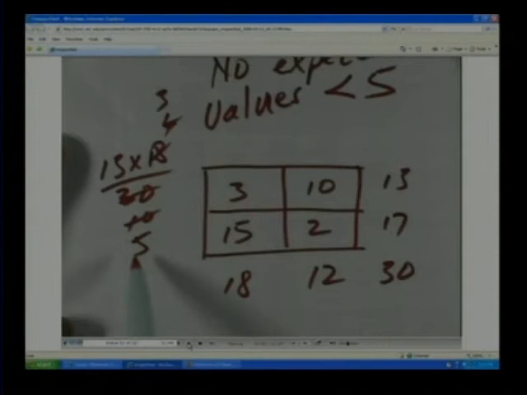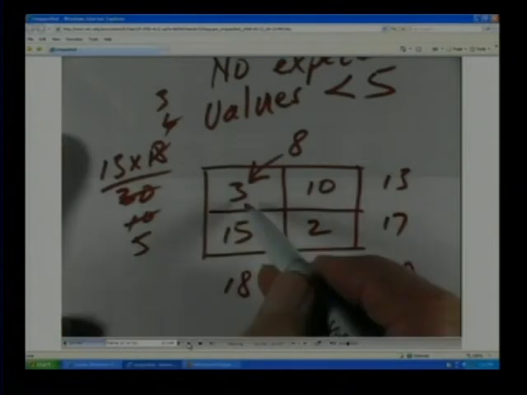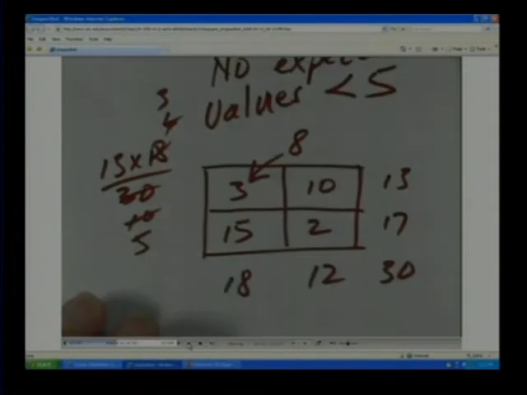So the expected value in this cell is going to be 8. So it's okay. Expected value is going to be somewhere around 8 there. You can have an observed value less than 5, but you can't have an expected value less than 5. So watch out for that when you go through and do your calculations.